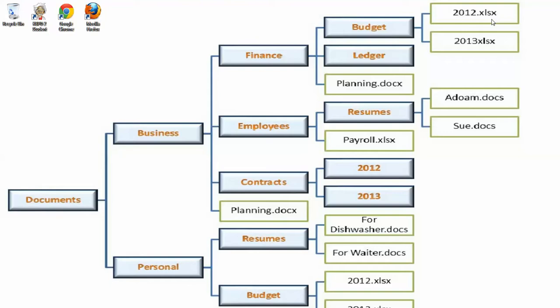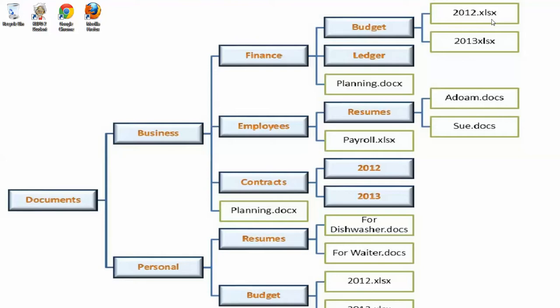A general rule of thumb in terms of giving a file name is that when you look at the file name without opening the file, and let's say a year from now, can you make a good estimate or guess about what that file is about by simply reading the file name?